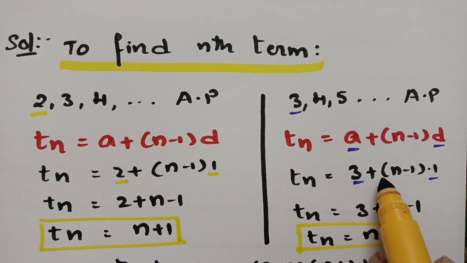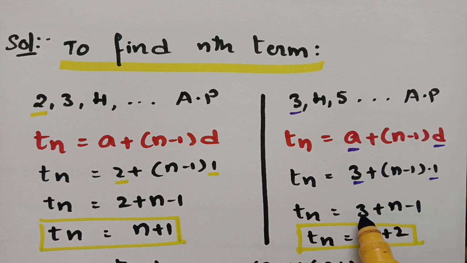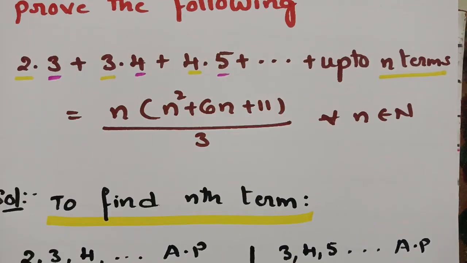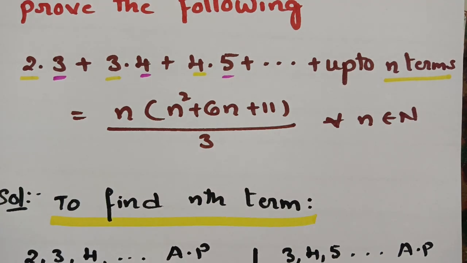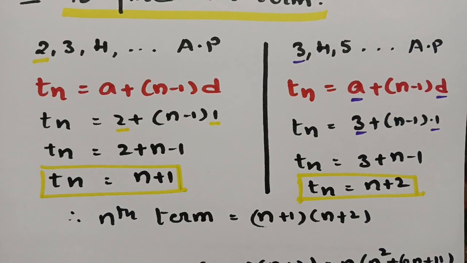If I substitute A as 3 and D as 1, this is 3 plus (n minus 1) into 1, so this is 3 plus n minus 1, which is n plus 2. Here the first term and second term are multiplied, and therefore the nth term will be the multiplication of these, that is (n plus 1) into (n plus 2).